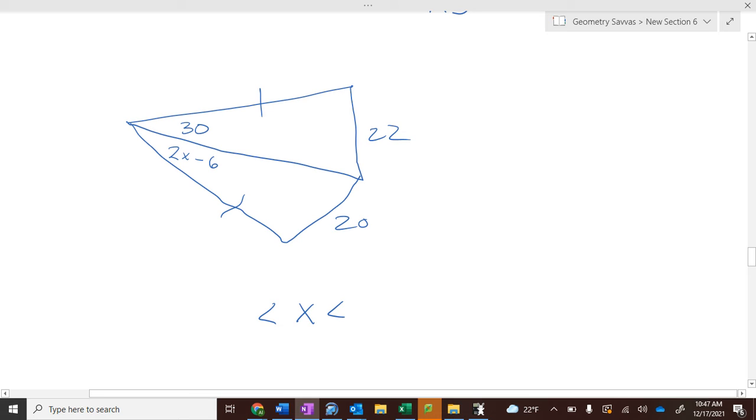That angle with the 2x minus 6 in it. What's the smallest that angle can be? What's the smallest any angle can be? 0. It's got to be bigger than 0. So if that angle has to be bigger than 0, what is the smallest x can be?